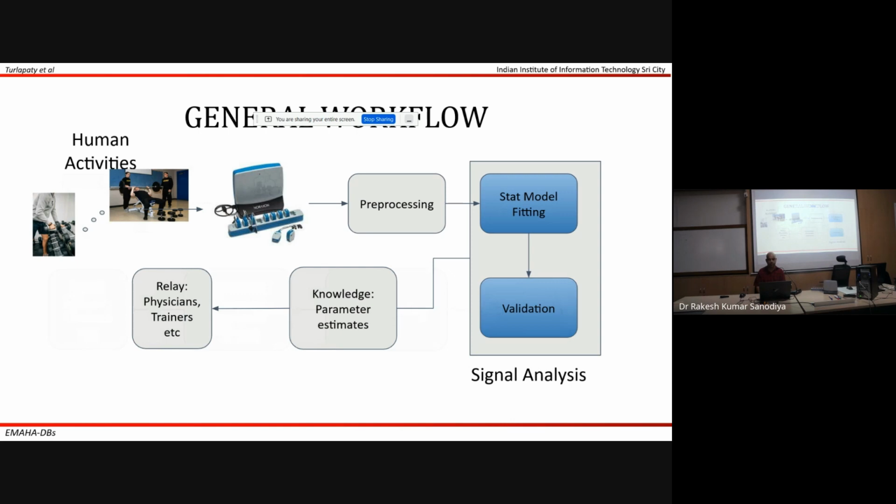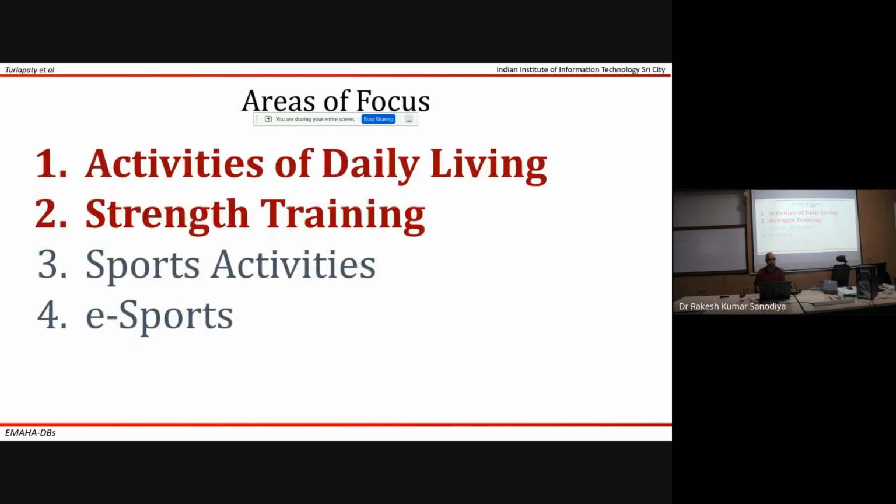Similarly, in sports activity, what is the experience level of a person? Is it a new person just learning, or is it an experienced or skilled player? Can we quantify those things that are intuitively understood by people, or can we provide an objective metric, such as a parameter in the model? This information can again be used by the end users. So that's the general idea.